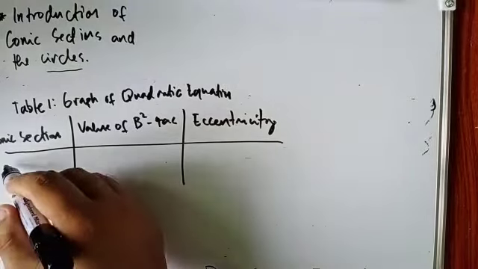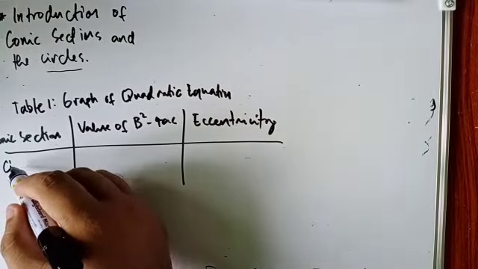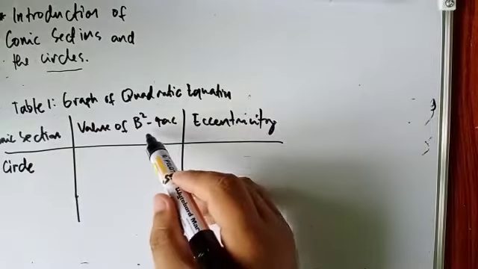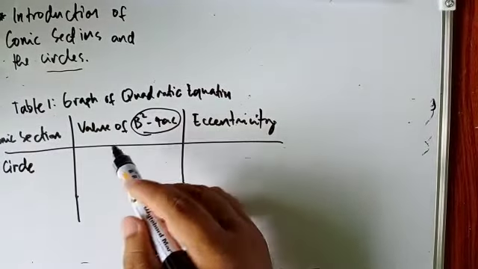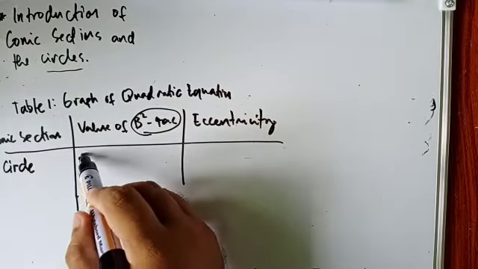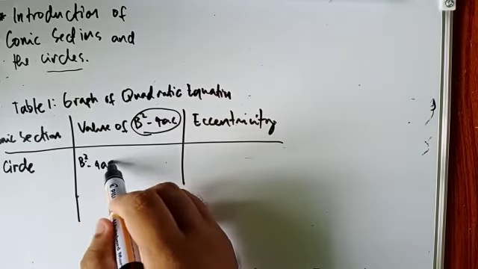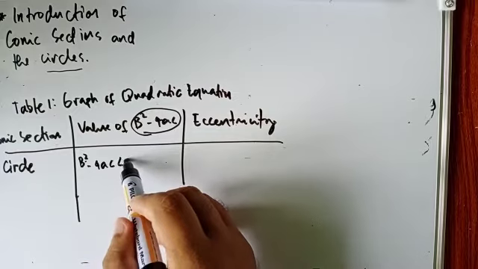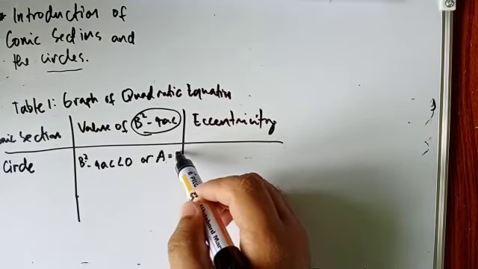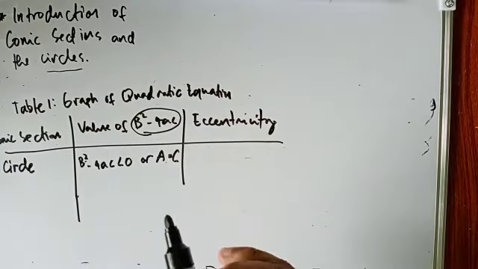Now, what if yung conic section natin is circle? Ano sa tingin nyo yung magiging value nito? So, magiging circle siya if yung b squared minus 4ac natin is less than 0. Or, simply, yung a natin dito is the same kay c.